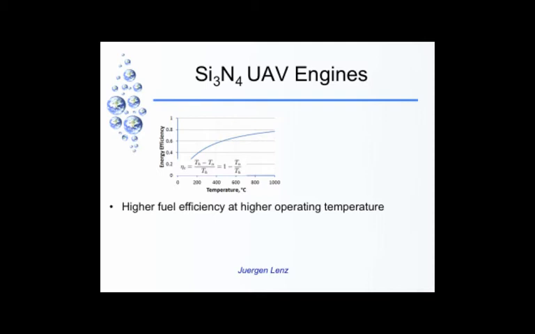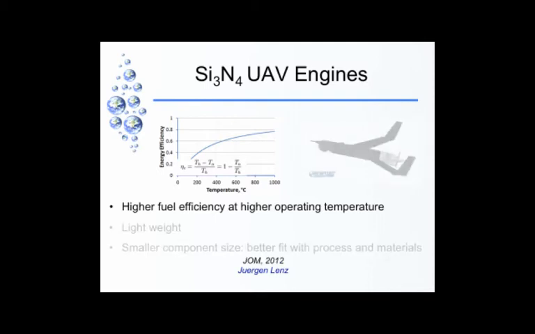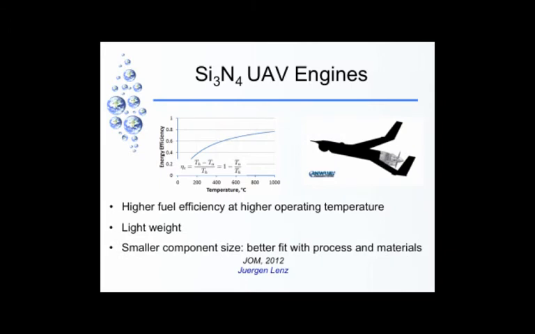We were trying to see if silicon nitride engines can be made for drones, and then you can have engines operating at a higher temperature. This work was published in the Journal of Materials this year, work done by Jürgen Lenz, who is now in Germany. And mainly the idea is we wanted to get higher fuel efficiency with a higher operating temperature.